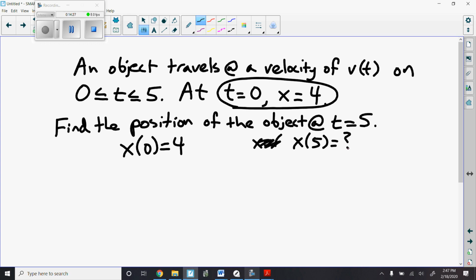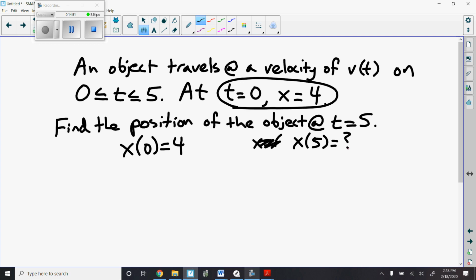Well, what I know about position is it's the antiderivative of velocity. So what I have is an initial condition, and I'm going to add that to my integral from the time I have, 0, to the time I want, 5, of the integral of the function v of t. And so that's going to allow me to set this thing up.